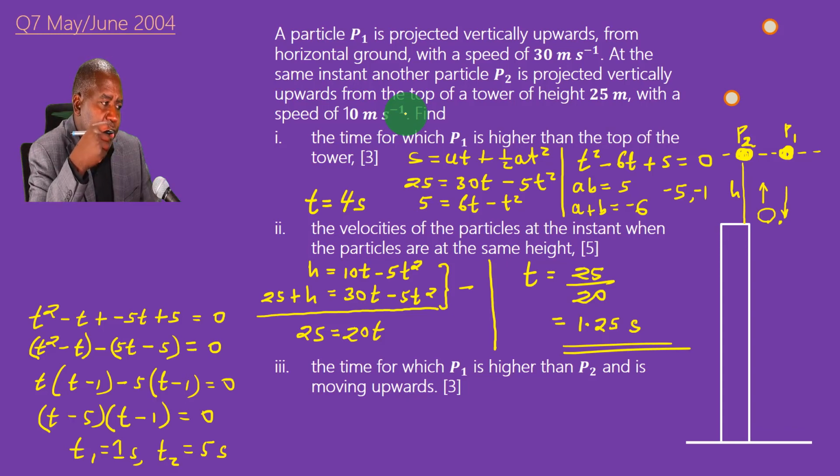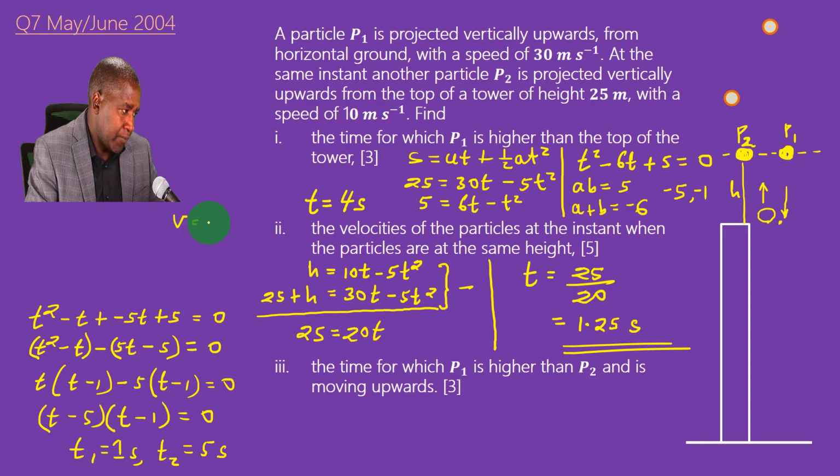Since it was fired with 10 meters per second, it takes 1 second to reach maximum height. How do I know that? I can use the equation V is equal to U plus at. Let's see the time it takes to reach maximum height. It will be V, which will be 0, minus 10, divided by minus 10. It will take 1 second.